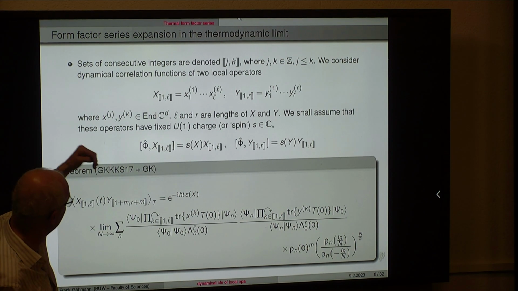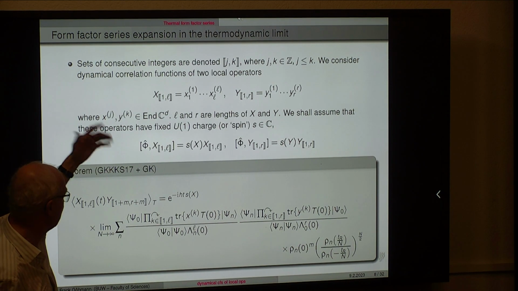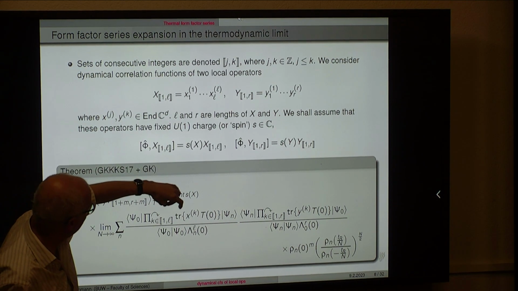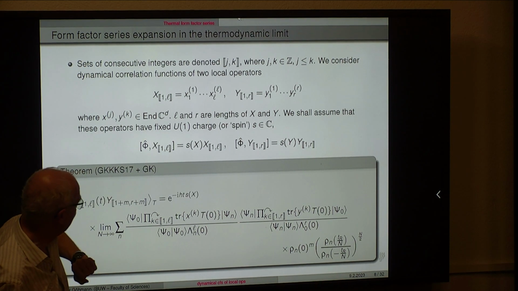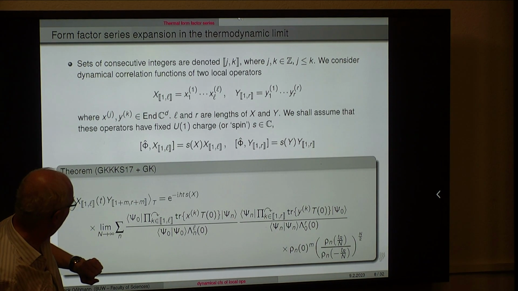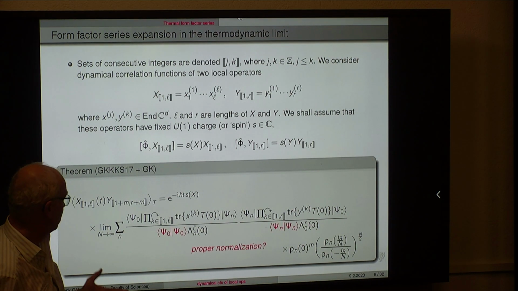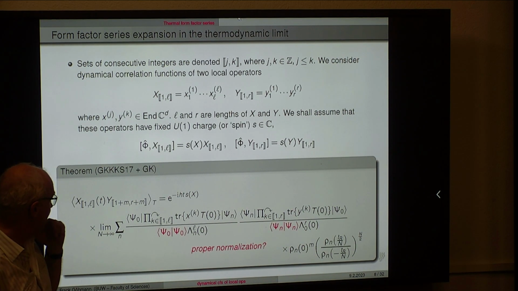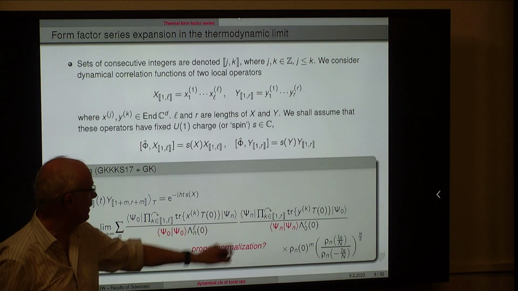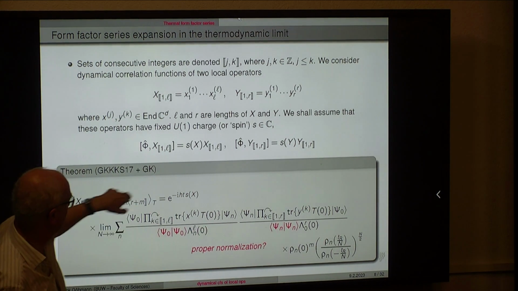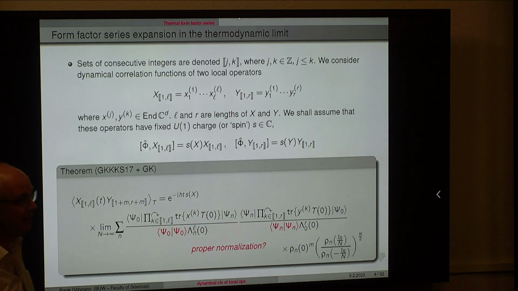And the new point in this talk, or what happened last year, is that I extended the length of the operators. But then the problem here is that the normalization is not natural. So why is it not natural? If n is equal to 0, then this object has a very nice property which is called reduction.